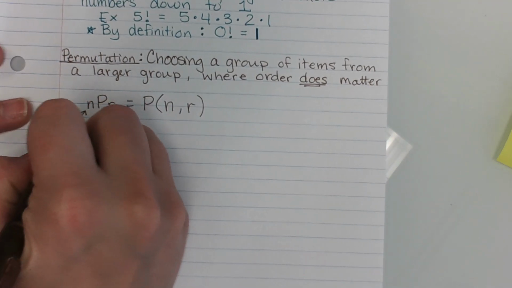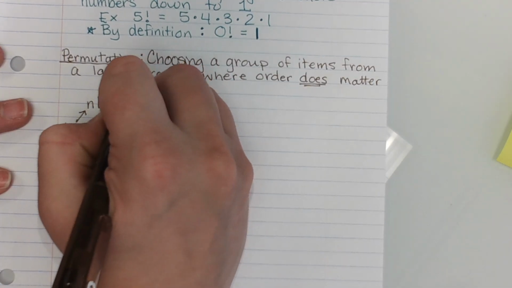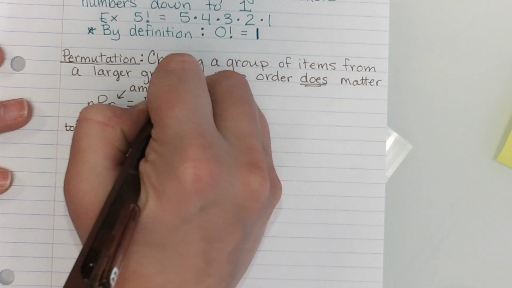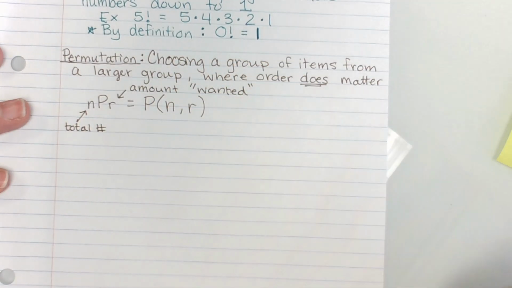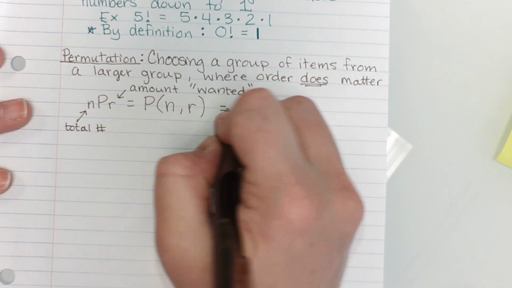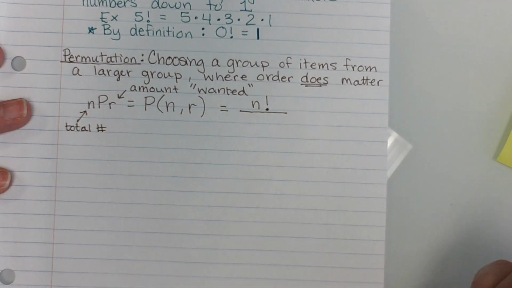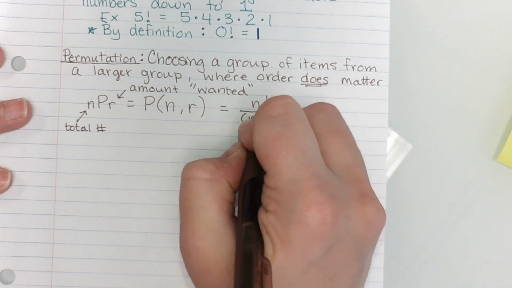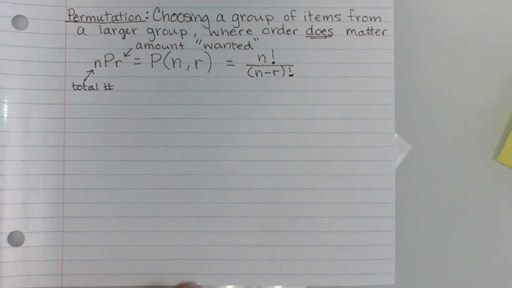N is the total number of items, while R is the amount wanted. This formula, like I said, is very similar to combinations. It is N factorial over N minus R factorial.